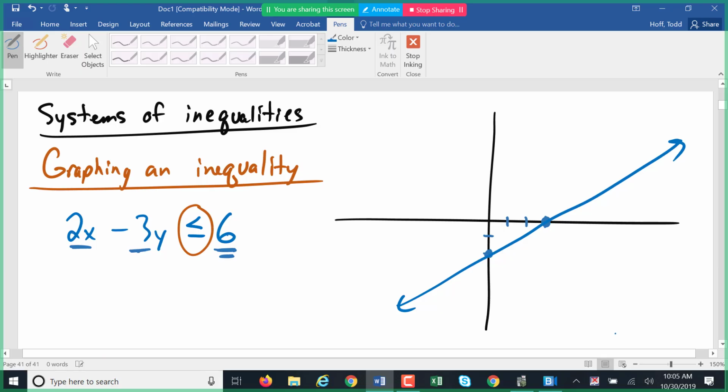If that were strictly less than, then it would have to be a dashed line or a dotted line to indicate that the values that are exactly on the line are not solutions to that inequality. Now we've got the line on the graph, that's our boundary.